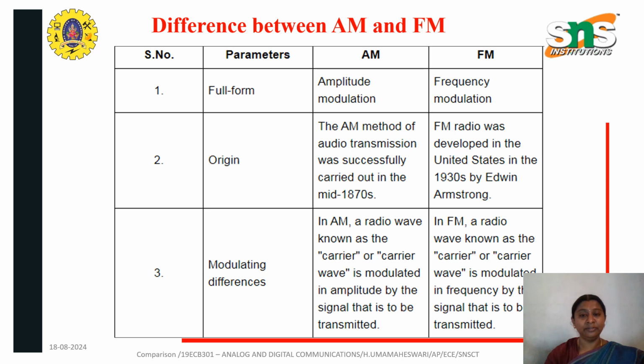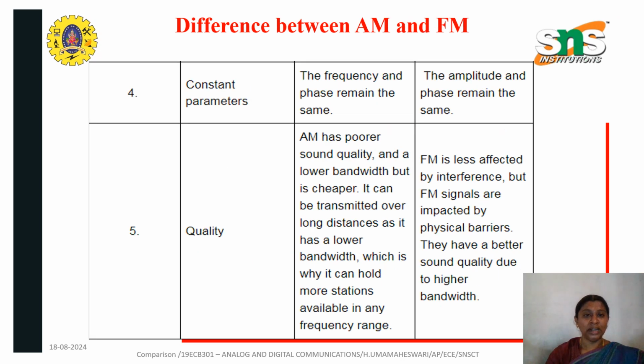The modulating difference is that in amplitude modulation, a radio wave known as the carrier is modulated in amplitude by the signal that is being transmitted, whereas in frequency modulation, the frequency is being modulated.